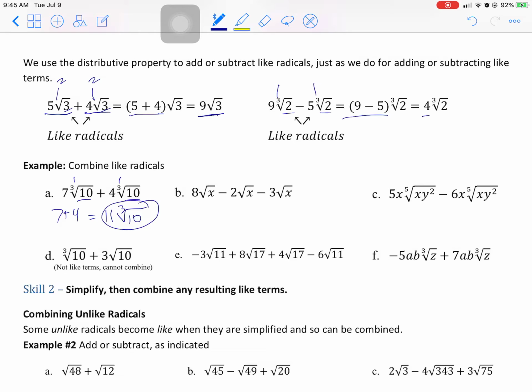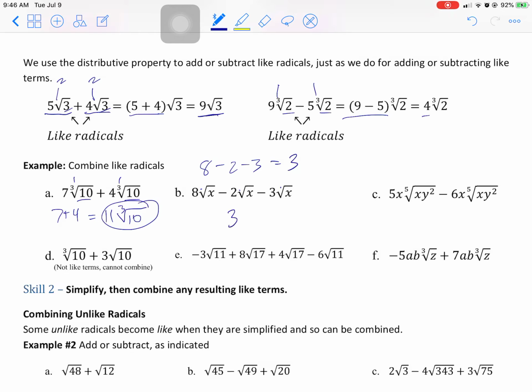Okay? 8 minus 2 minus 3, and the 2x. Sorry, getting my paper out to make sure I don't mess anything up. So that's going to be what? 3.